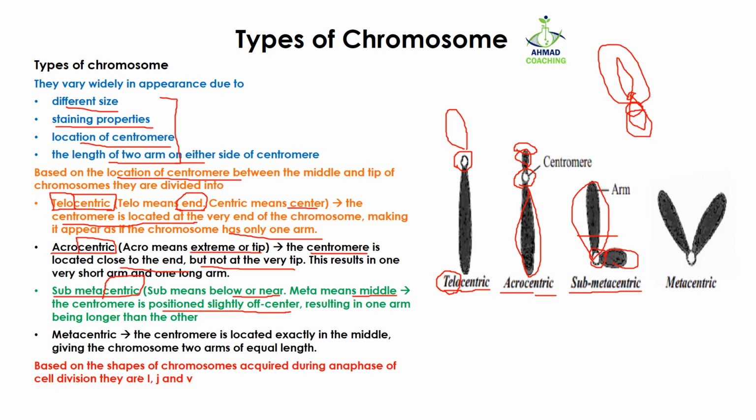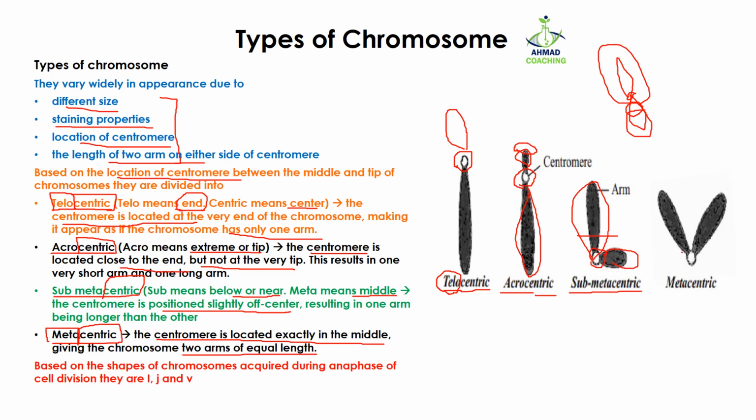Then comes the fourth type of chromosome, which is known as metacentric. Again, centric means center and meta means middle. So wherever the centric word is used, they are referring to the centromere. So middle, centromere. These are the chromosomes in which the centromere is located exactly in the middle, giving the chromosomes 2 arms of equal length.